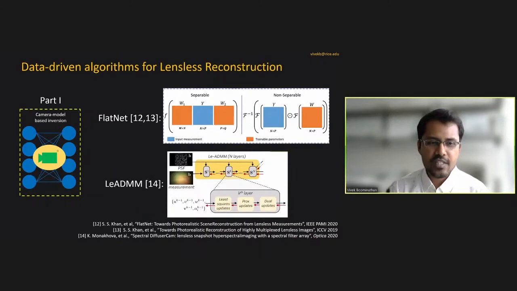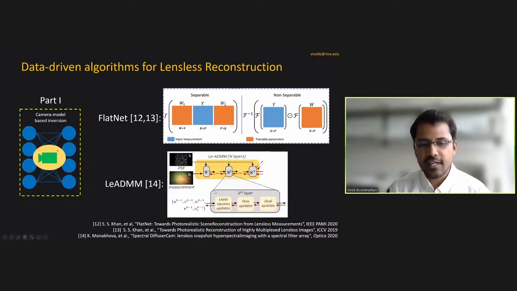Here are two works which have different ways to implement the camera model into the network. In FlatNet, in the top case, we incorporate the camera model, either the separable model or the non-separable or convolutional model, directly, but we learn the parameters of that model.